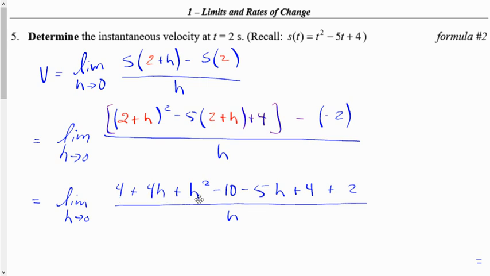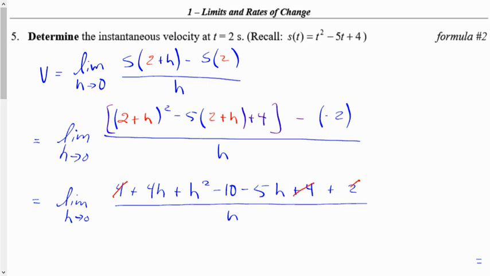Then we distribute the negative 5 into the brackets to get the negative 10 minus 5h. And then we have the plus 4 and minus the negative 2. As we look to see what's going to happen here, we have this 4, and we're going to be adding this 4 and adding that 2 to give us a 10.